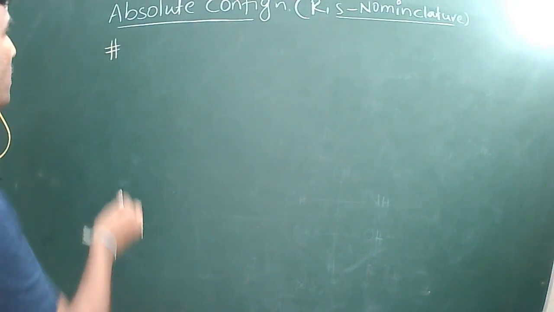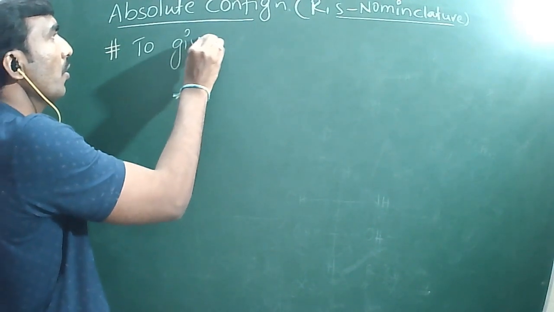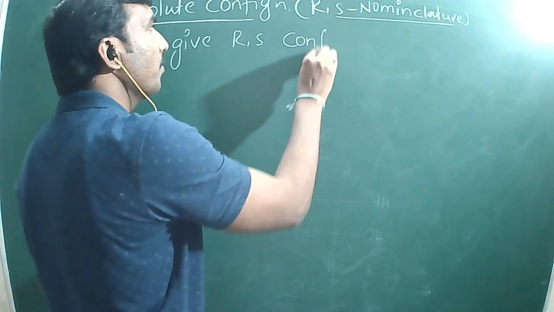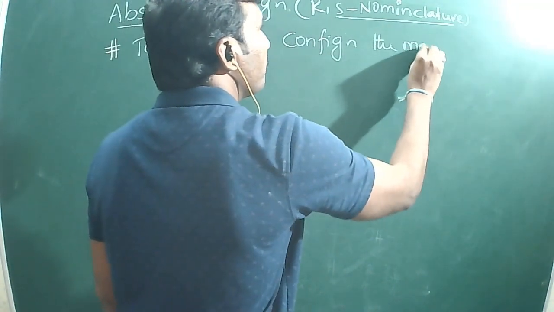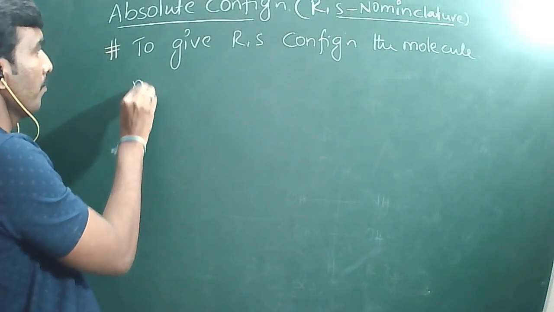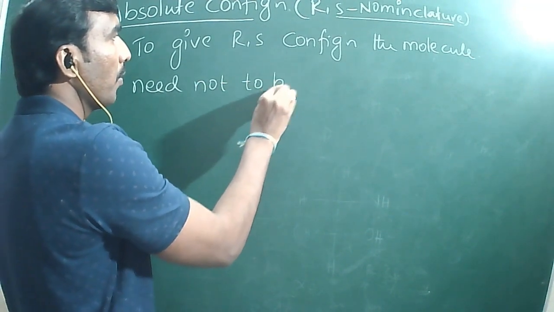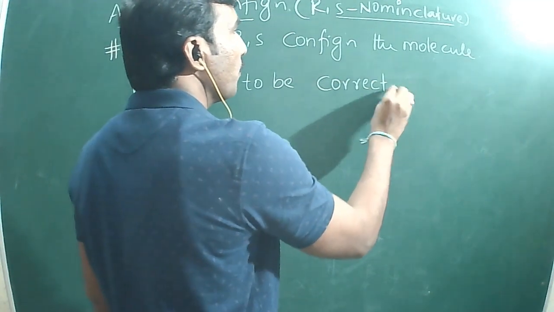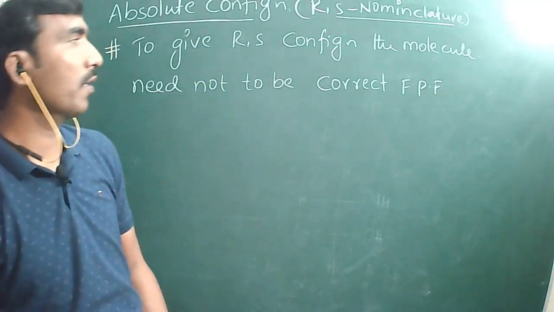To give RS nomenclature or RS configuration, the molecule need not be in a correct Fischer projection formula.